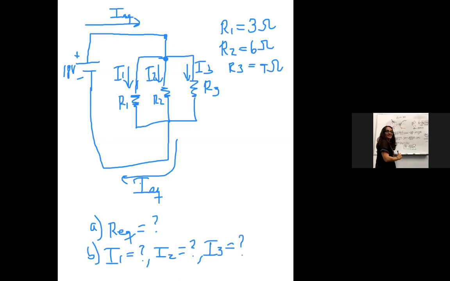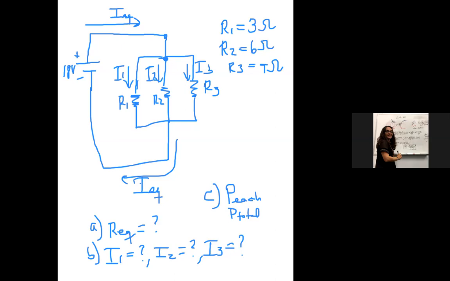And then in part C, we're going to talk about the power to each resistor and the total power. So remember that our resistors can be light bulbs and power is wattage. So this is asking if we connect 3 light bulbs in parallel, what happens to the wattage? That's what part C is asking.